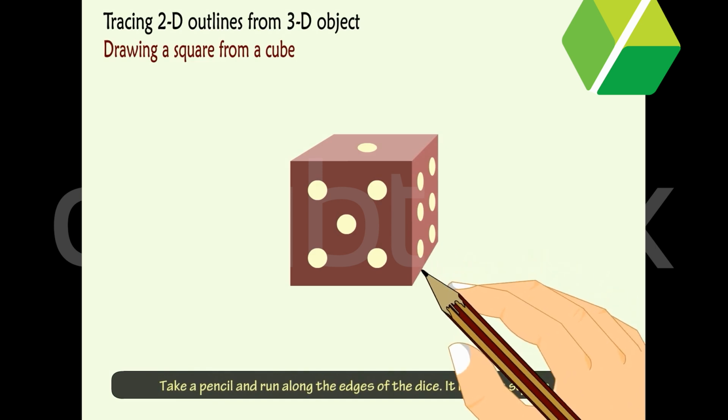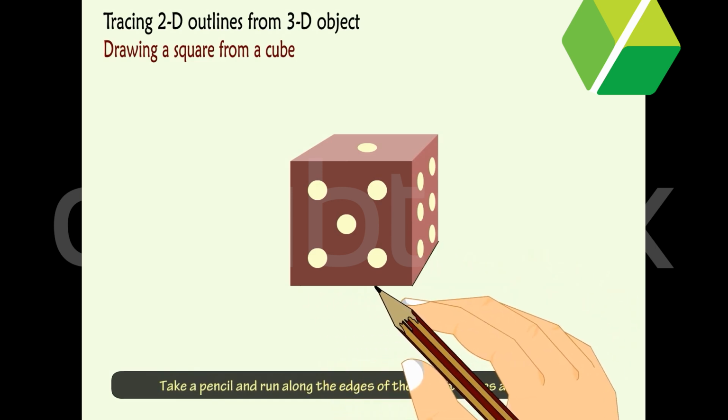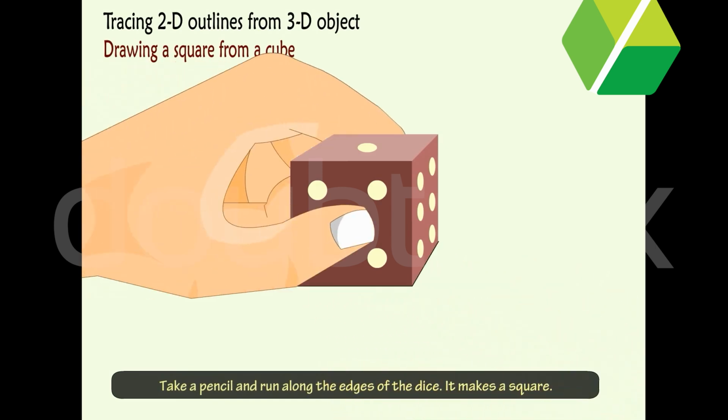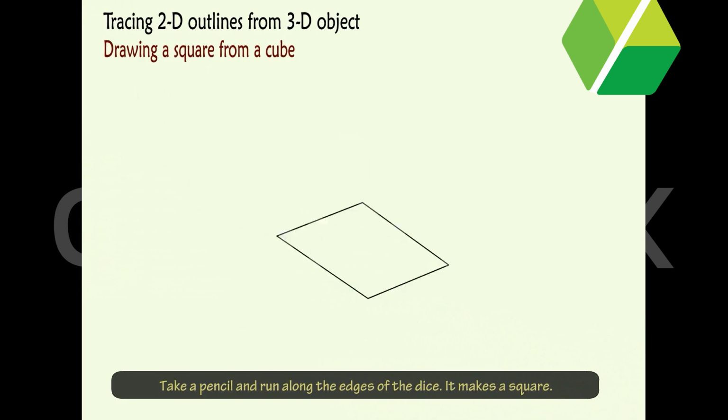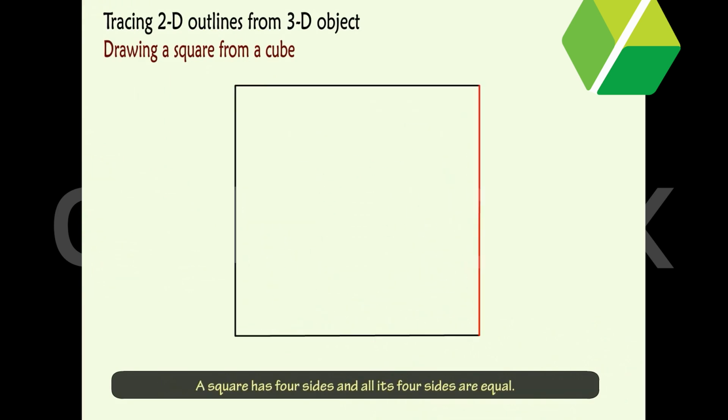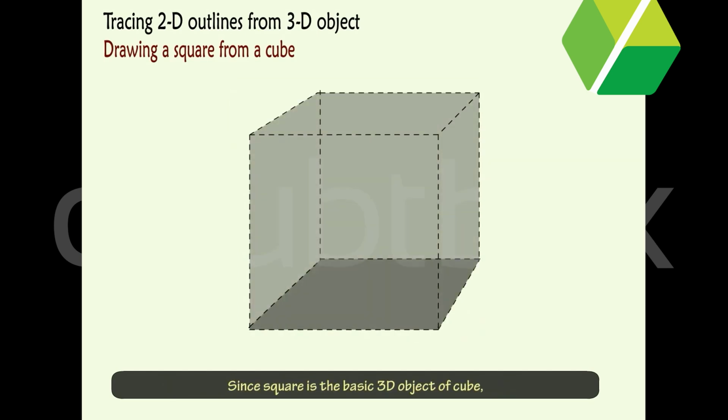Take a pencil and run along the edges of the dice. It makes a square. A square has four sides, and all its four sides are equal. Since square is the basic 3D object of cube, all the faces of the cube are also equal to each other.